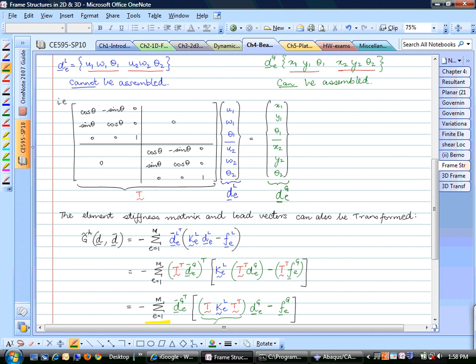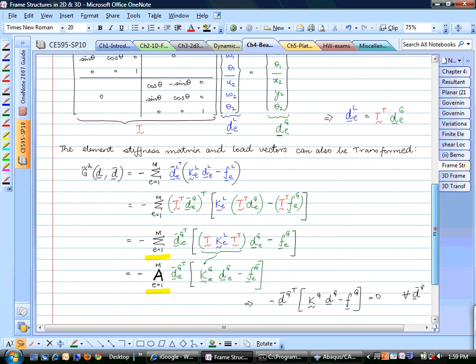So you can see that if you write this out, then d element degrees of freedom in the local coordinates can be expressed as T transpose times element degrees of freedom in the global coordinates. So essentially what I'm doing is just taking T to the other side, it becomes transpose, and now I'm substituting for D element using this formula right here. So this D is T transpose times D, this D is T transpose times D, this F is T transpose times F.